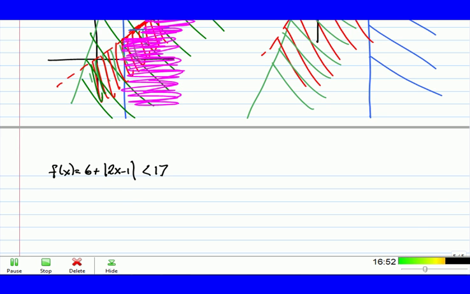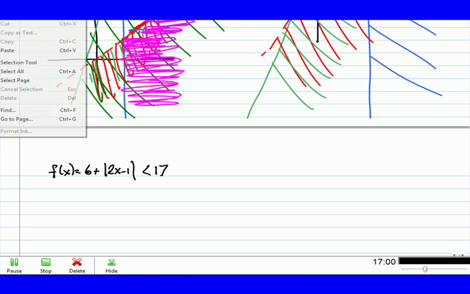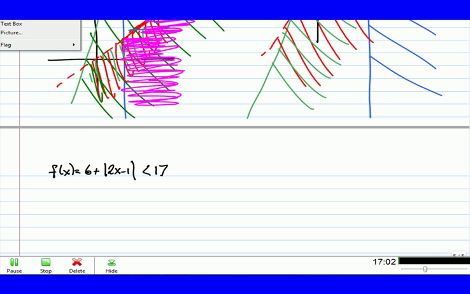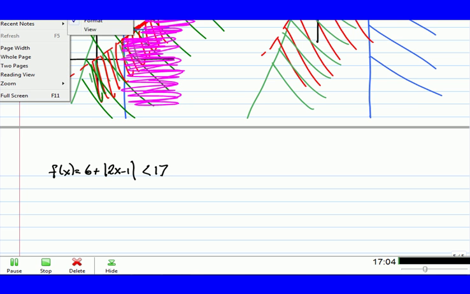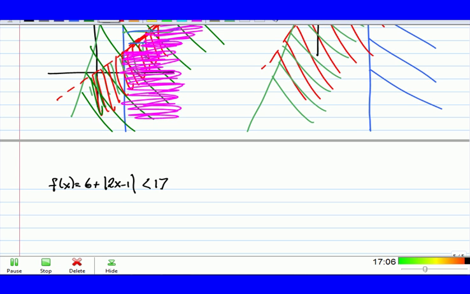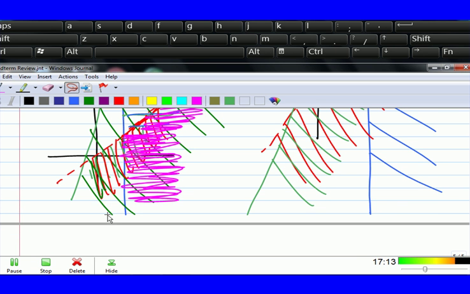So you need to know your absolute value inequalities. So how do you do this? To do an absolute value inequality, you need to isolate the absolute value. You need to isolate this thing.